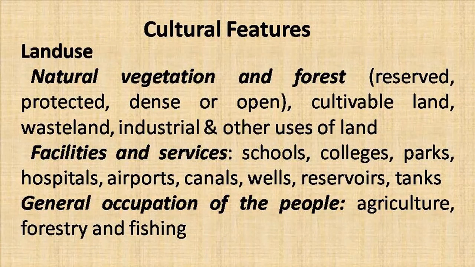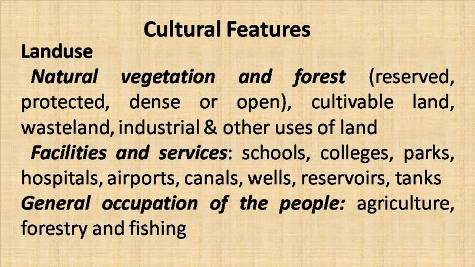As I already informed you, the topographical map shows the physical features as well as the man-made features. The man-made features are also known as the cultural features. There are three types of cultural features. Number one is land use. Number two is means of transport and communication.